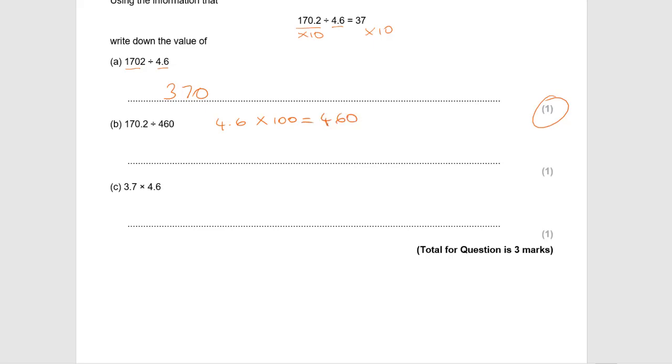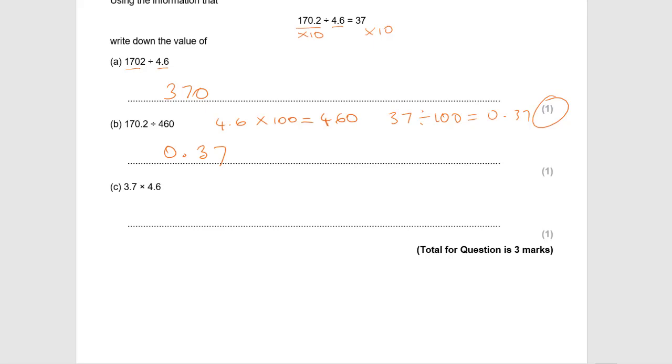So the answer is going to get smaller, doing the opposite, because the number we're dividing by is getting bigger. So we're going to divide 37 by 100 as well. By 100, that gives us 0.37. So our answer is 0.37.